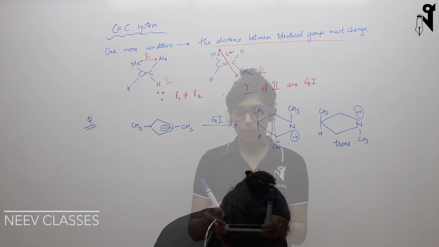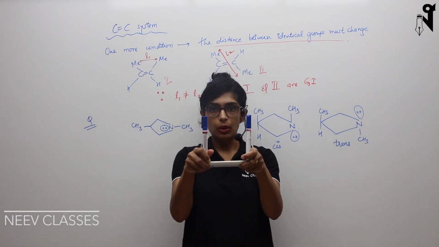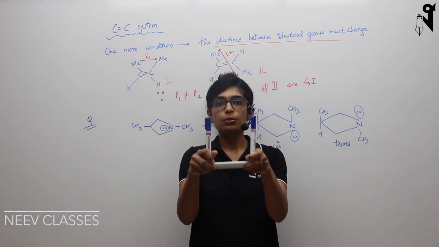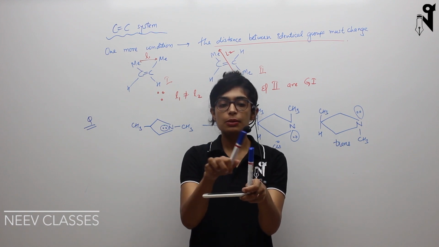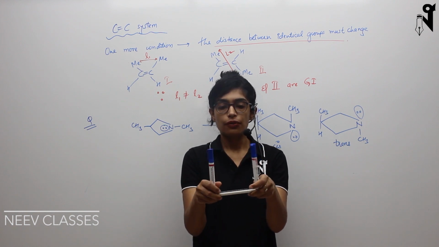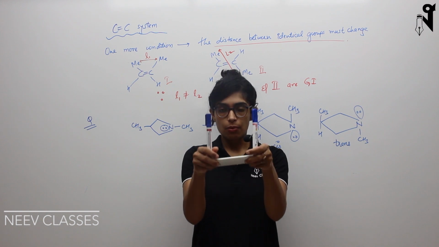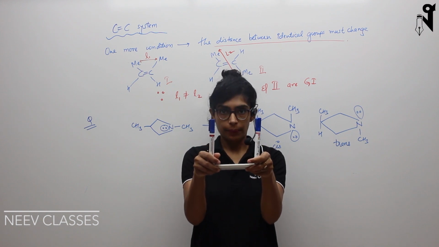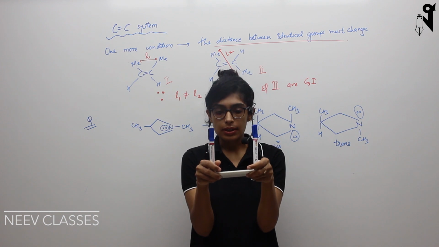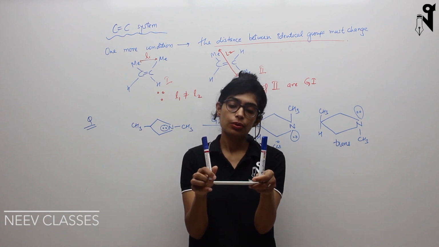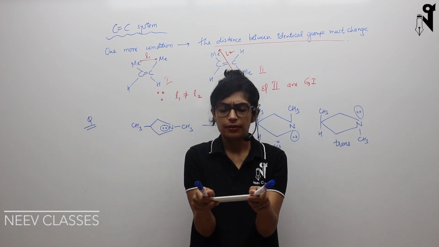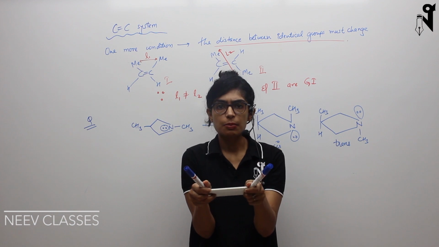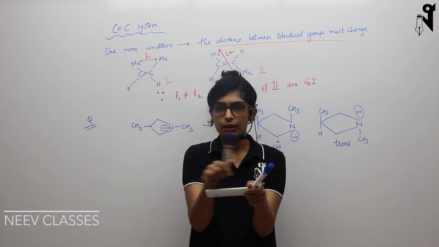Let's say this is my carbon double bond carbon, and these are two CH3 in the cis form. Whatever the distance between these two, from here to here, that is L1. That is a certain distance. Now if I shift it to this side, there must be some distance between this and this over here.